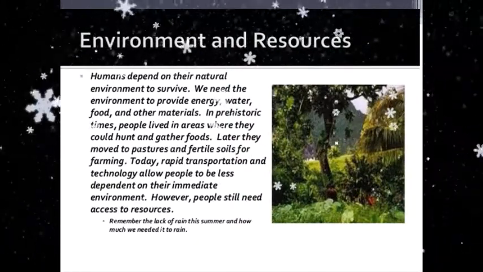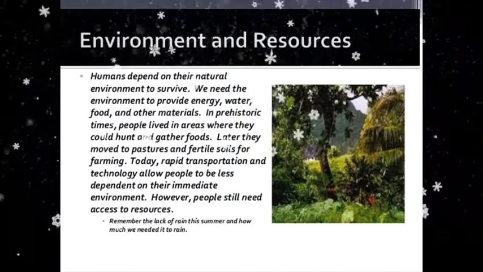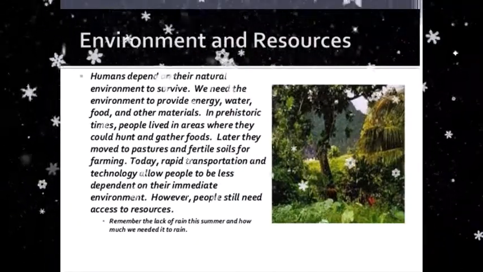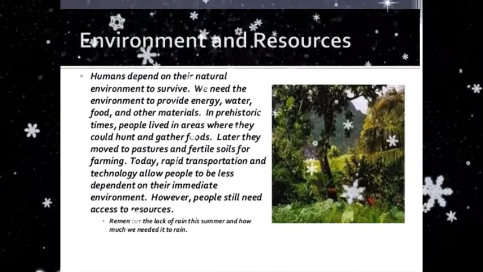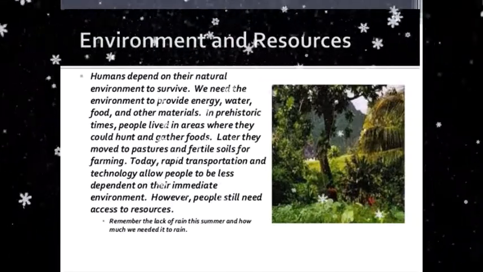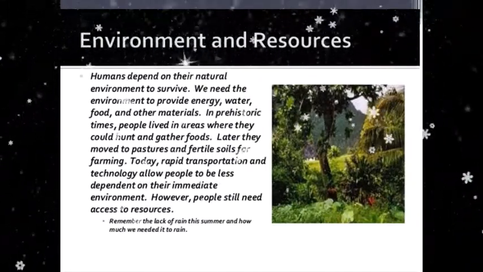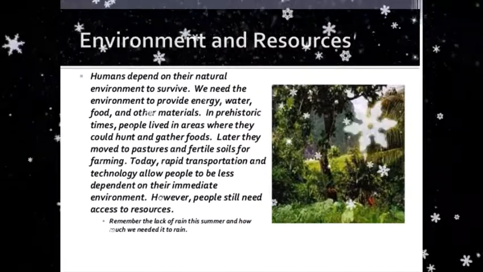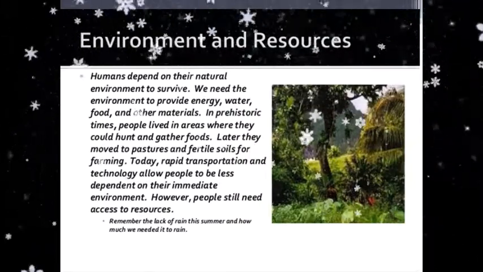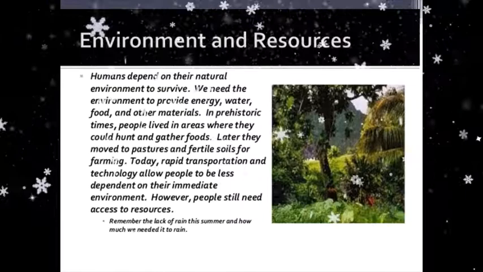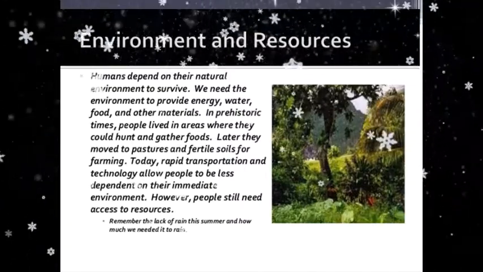So, humans are dependent on our natural environment in order for us to survive. Why? Because we need the environment to provide energy, water, food, and other materials.